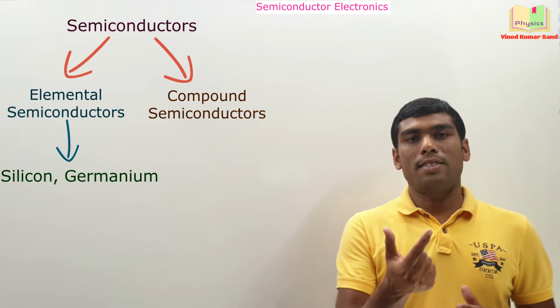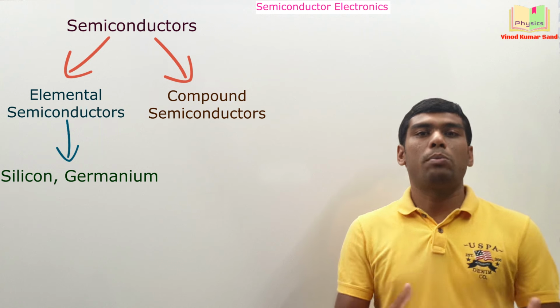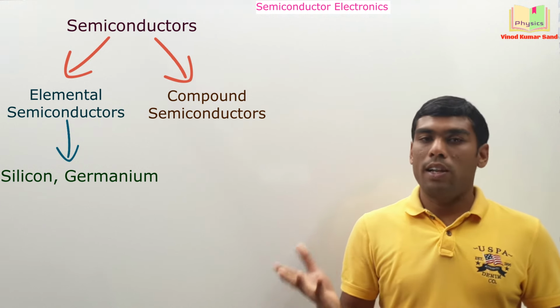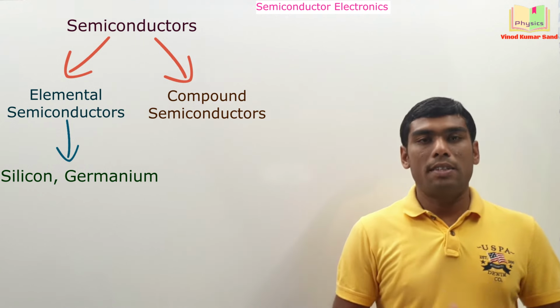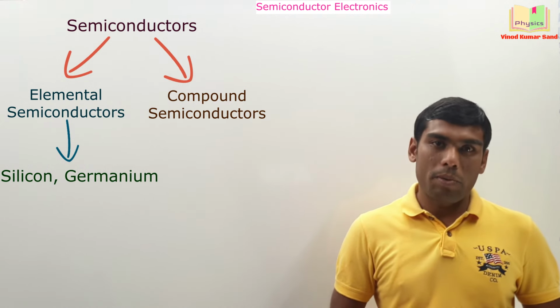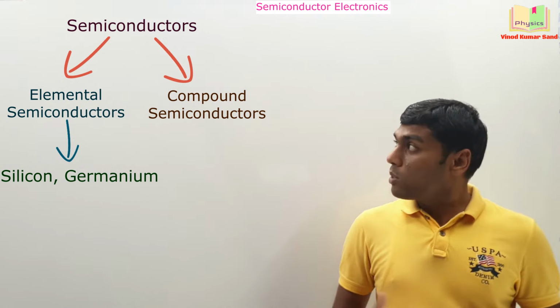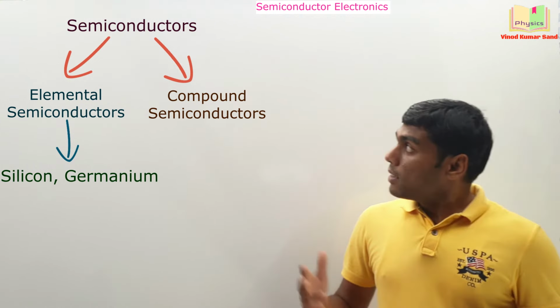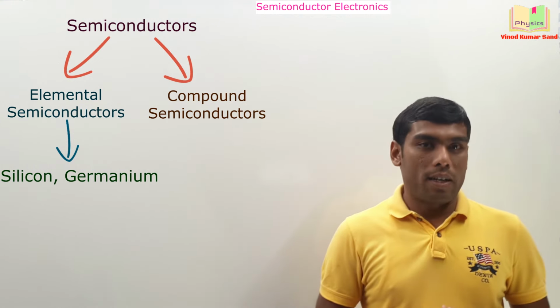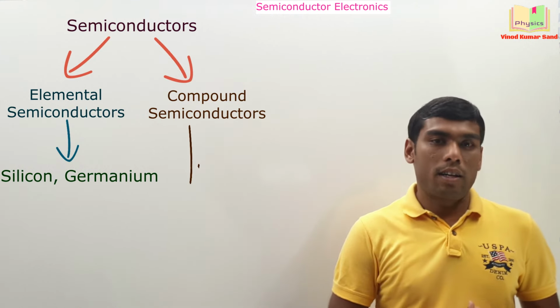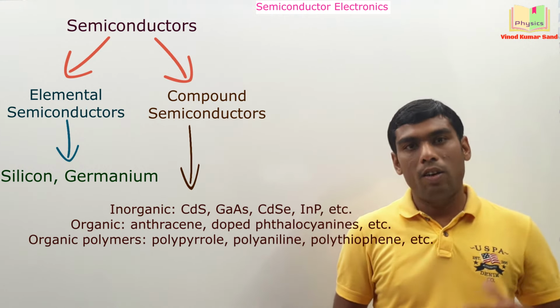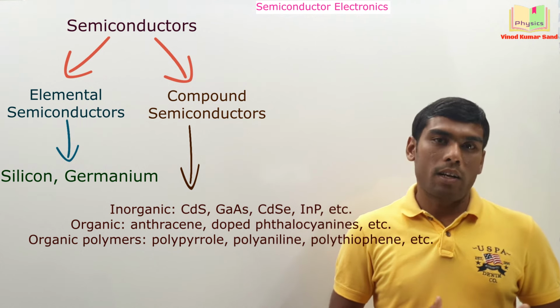In the silicon semiconductor all the atoms will be of silicon only, as well as in the germanium semiconductor, all the atoms will be of germanium only. They are also known as the pure semiconductors. Then there come the compound semiconductors. The compound semiconductors are further divided into a few categories: the inorganic, organic, as well as the organic polymers.